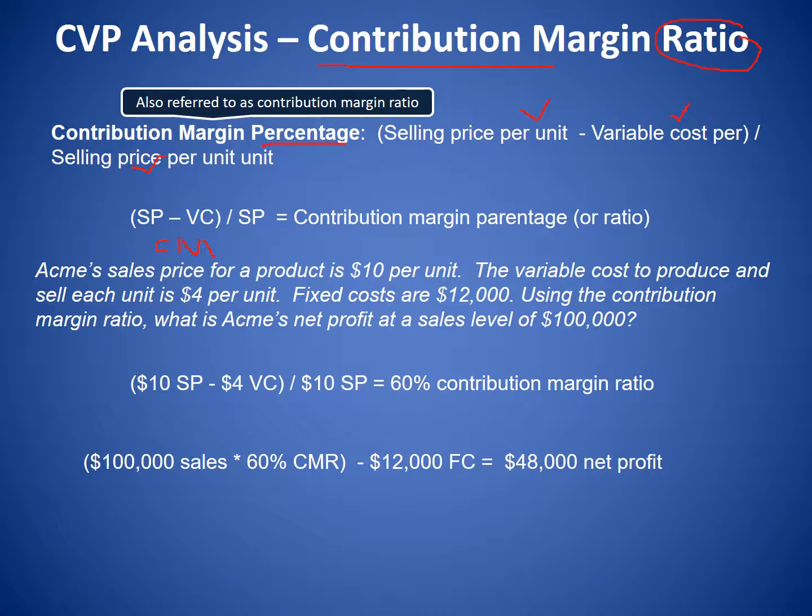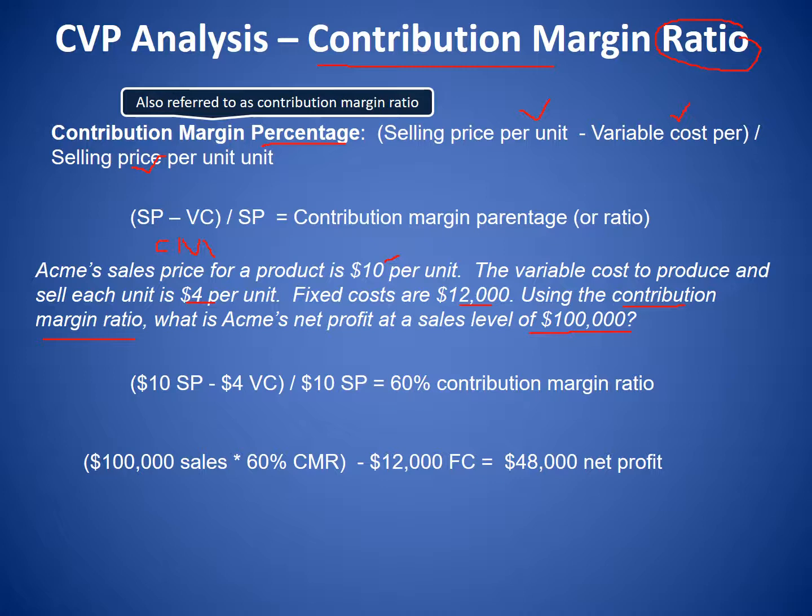We're going to use pretty much all the same data here. Acme's sales price for a product is $10 a unit. The variable cost to produce and sell each unit is $4, same as the previous example. Fixed costs are $12,000, again the same. Now, using the contribution margin ratio, what is Acme's net profit at a sales level of $100,000? So instead of being given unit volume here, we're given sales dollars.